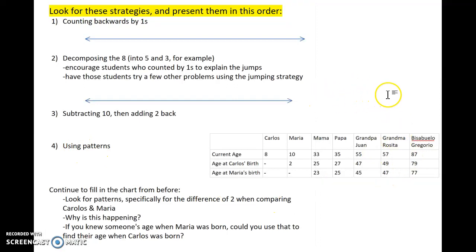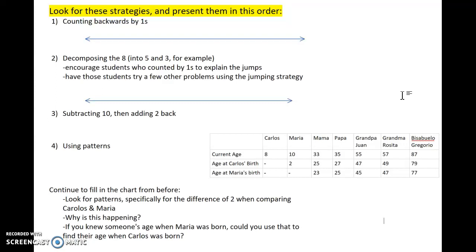And you are writing these things down either on a notepad or even on the board. You wouldn't write specifically who's using what strategies, but what you can do is write on the board "order of presenting." And if you see someone who's counting backwards by ones, write their name right on the top. And you can even point that out to them and draw that to their attention. Say, hey buddy, I put your team up as presenting first.